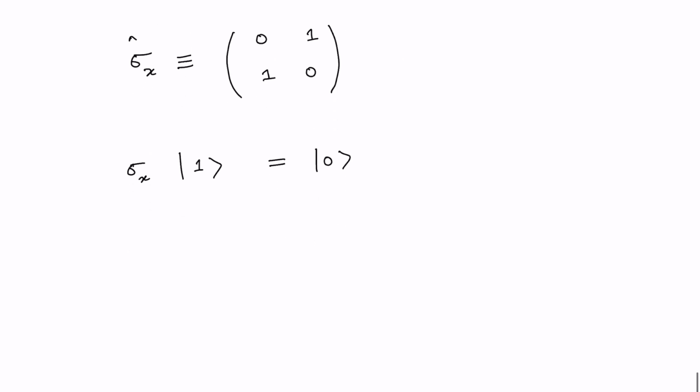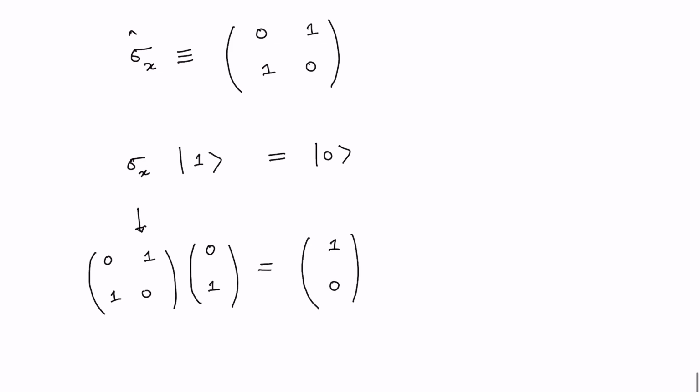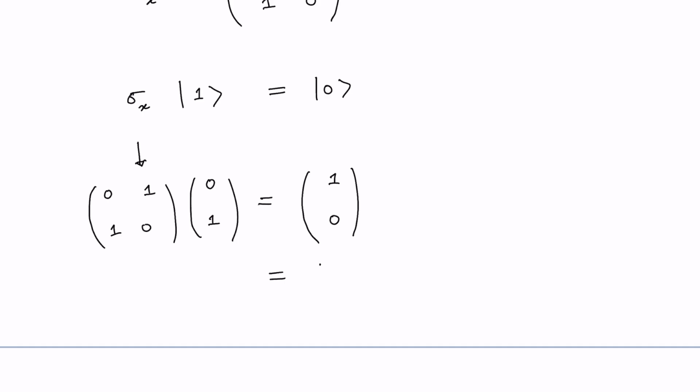Let me quickly show you. Sigma x, the x component of the Pauli operator, is represented in matrix form as 0 1 1 0, and gate 1 is represented by the column vector 0 1. If you do the matrix multiplication, you get 1 and 0, which is nothing but your gate 0.